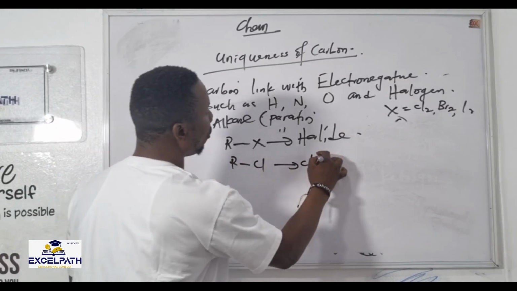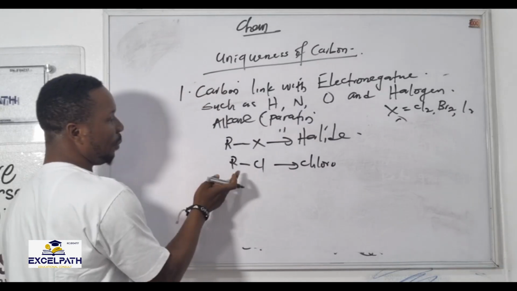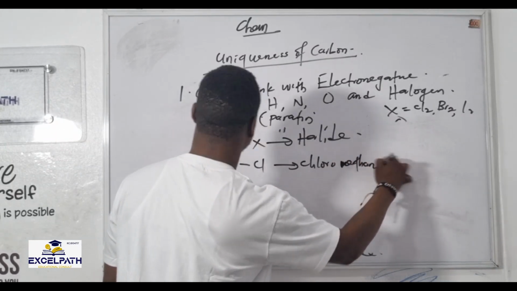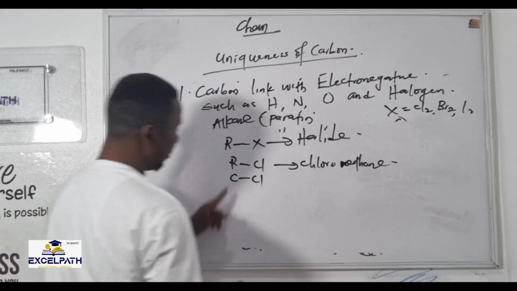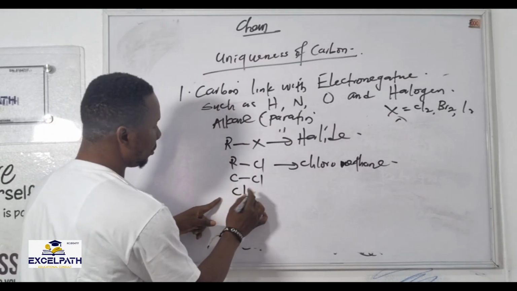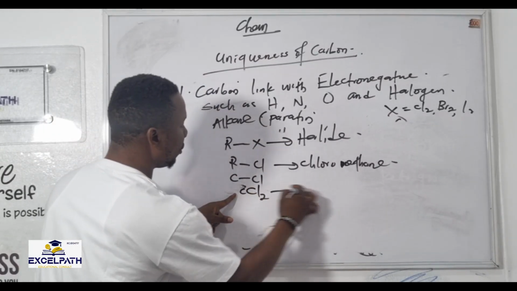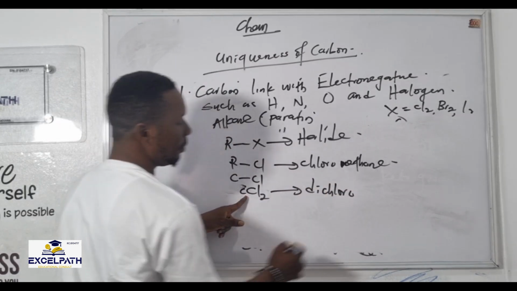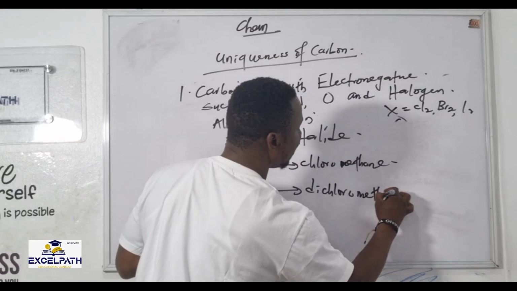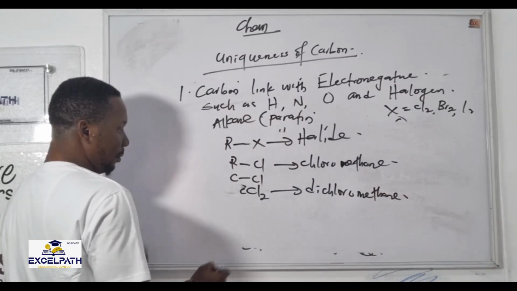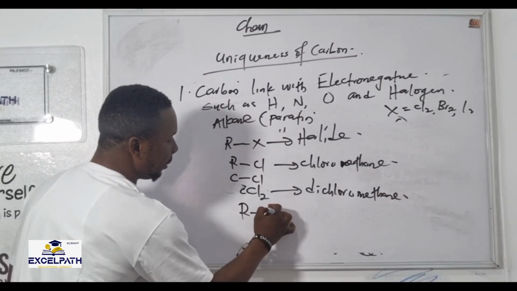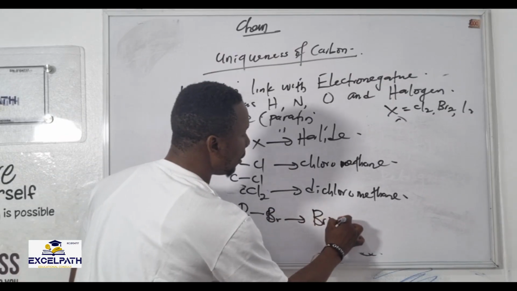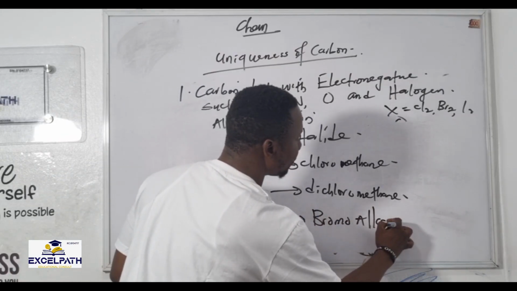This is chloro. Chloro depends on the number of carbon. If it is 1 carbon, it is chloromethane. If it links with 2 chlorine, CCl2, it will be dichloromethane. They are the halides. If it links with bromine, it's going to be bromoalkane.